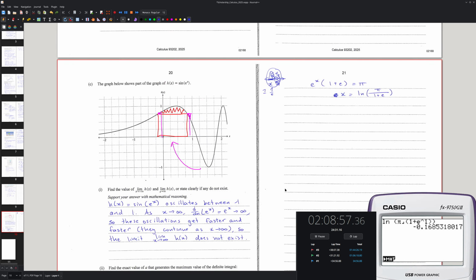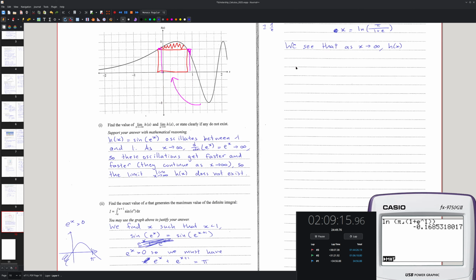So okay, now that's done, right? So we see that as x goes to infinity, h of x alternates between -1 and 1. h of x oscillates rapidly.